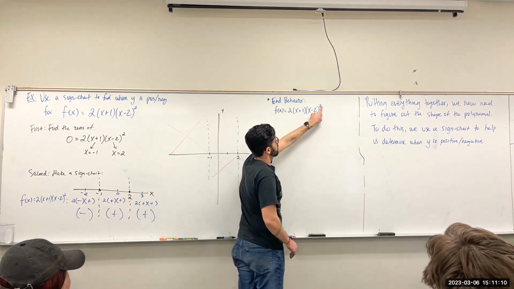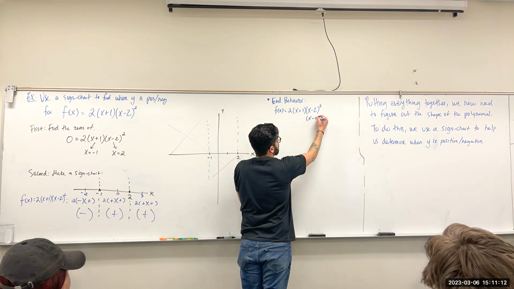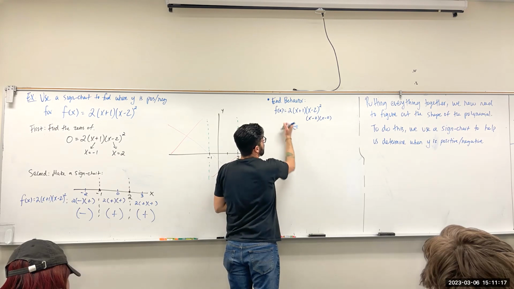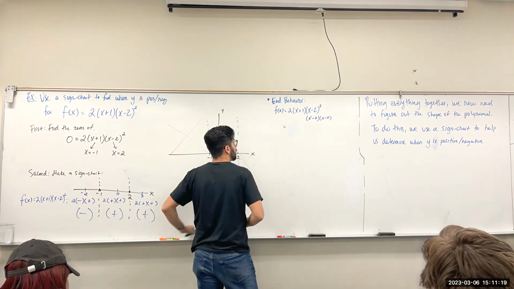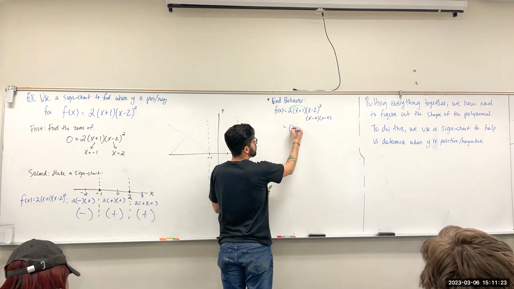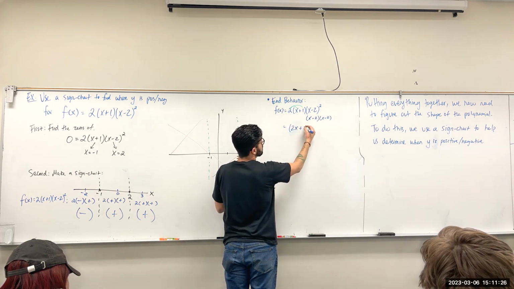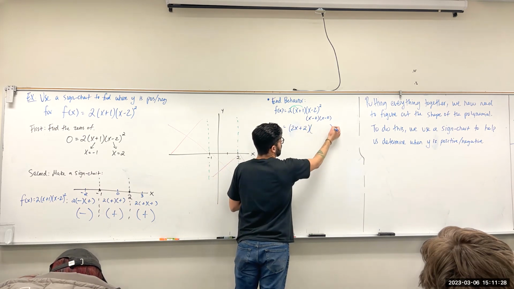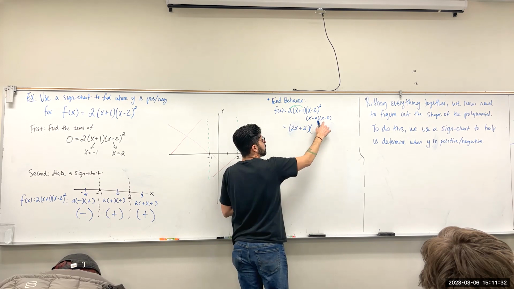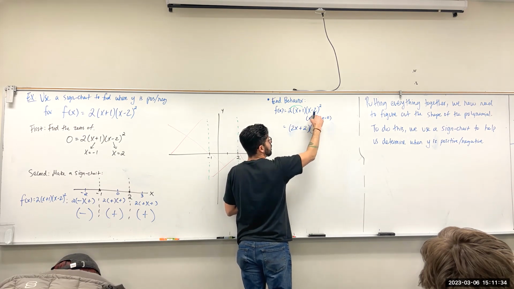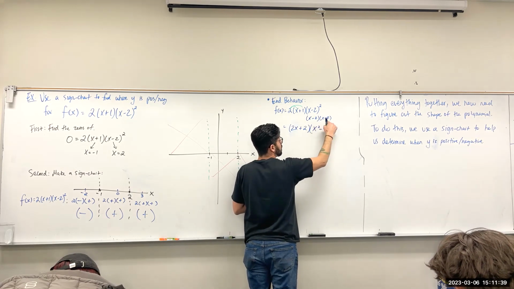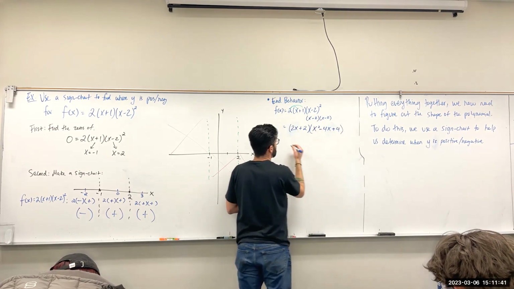So let's multiply this with itself twice. Here I can distribute this 2 to help us, so that'll be 2x plus 2. And then here, when you FOIL this out, x squared minus 4x plus 4.